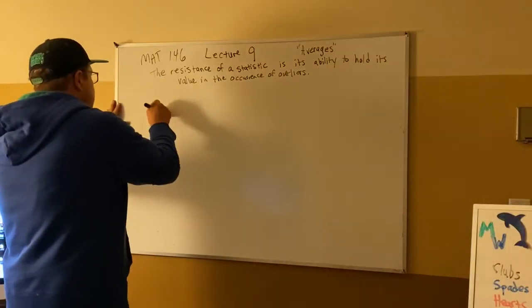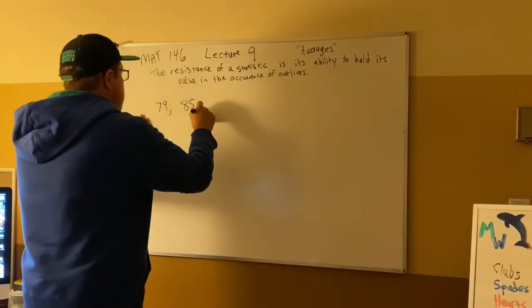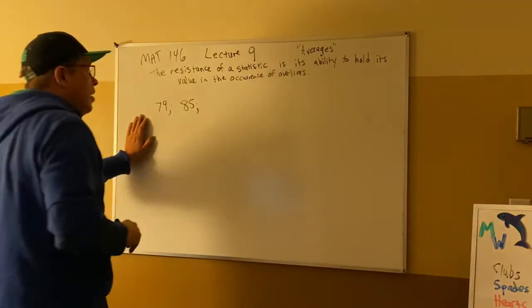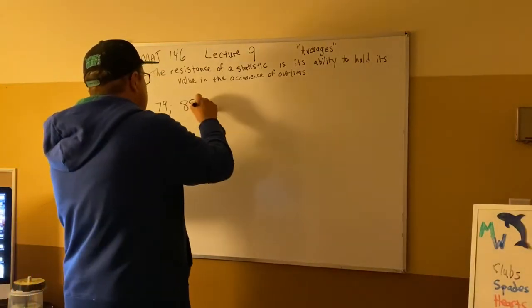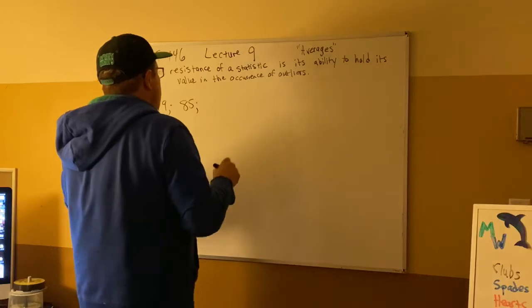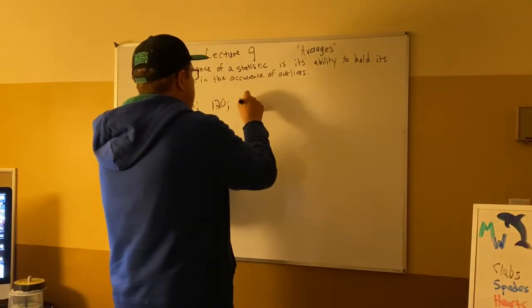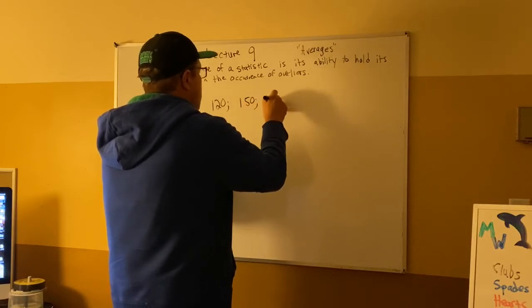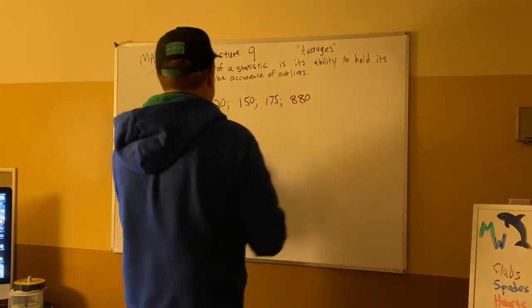So we'll look at a house that costs $79,000. We'll then see a house that costs $85,000. We'll put semicolons instead of commas because what's coming along is something that'll matter a great deal in a little while. Now we'll have 120, and now we'll have 150, another one at 175, and then we'll have one at $880,000.